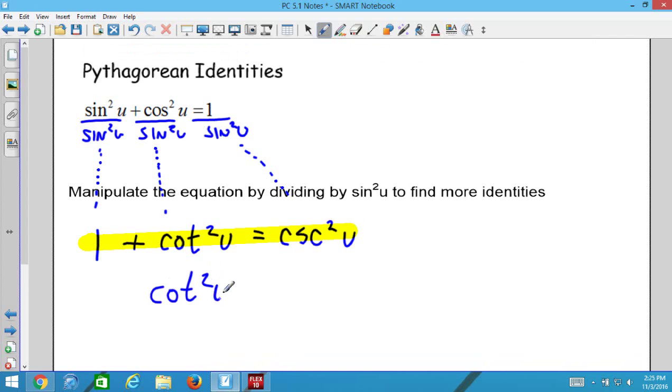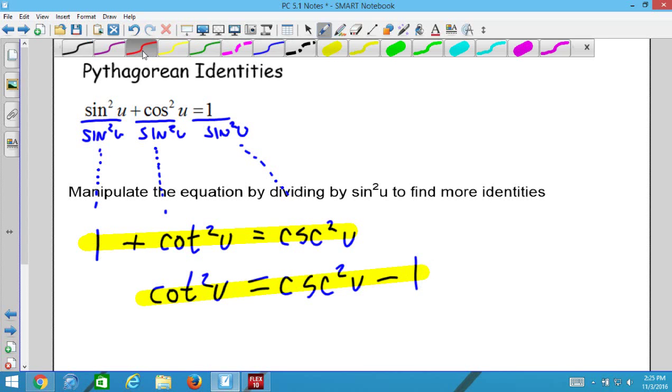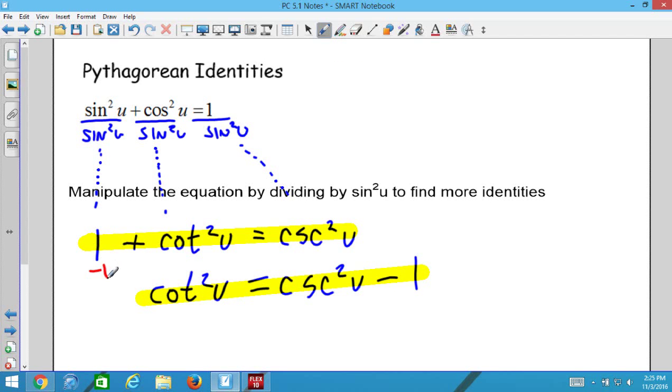Subtract the 1 from both sides, right? So then we'll get cosecant squared u minus 1. Those are equivalent. That's number 5. If you didn't follow what I just did, I just subtracted 1 from both sides.